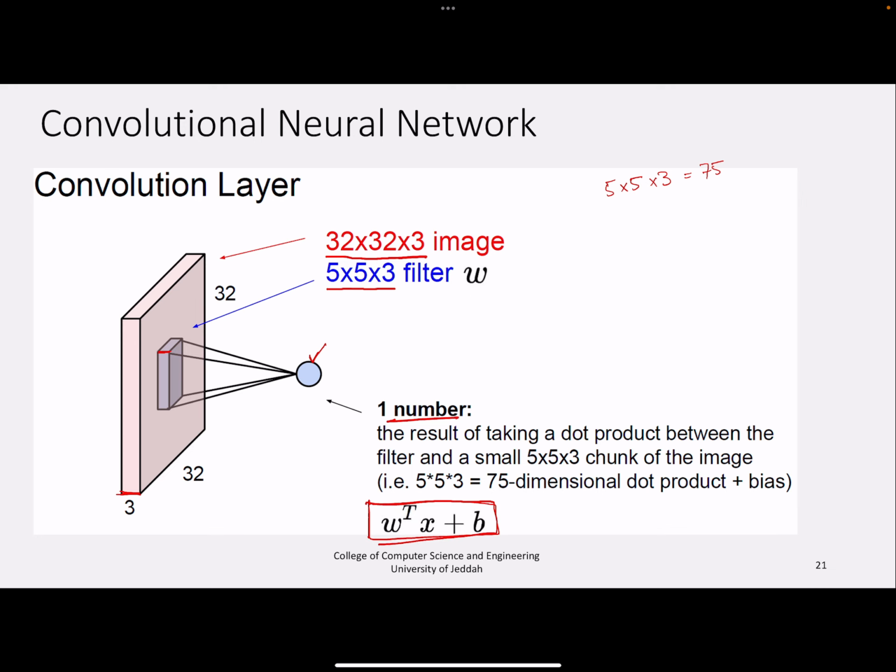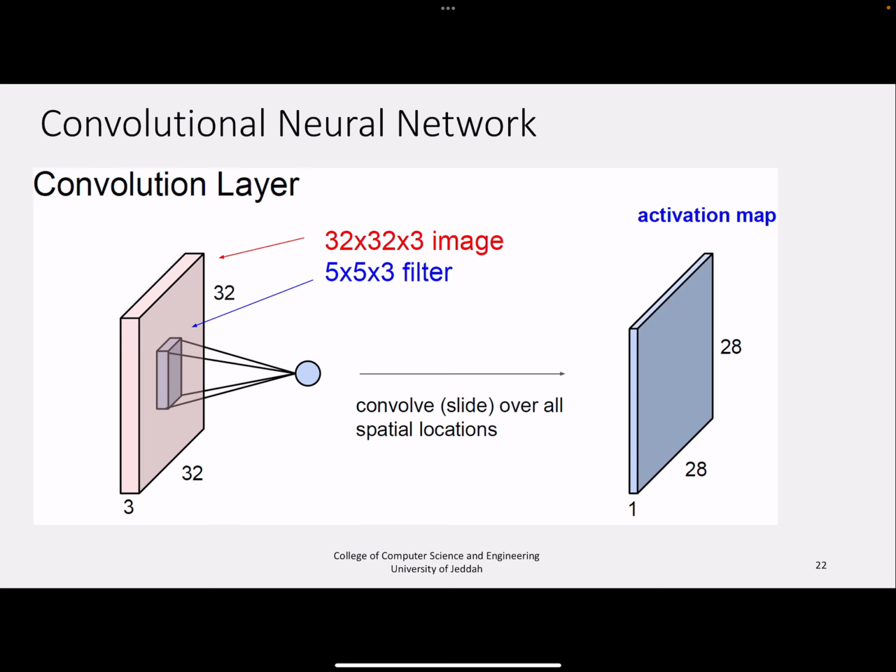Once you've slid the filter over all valid positions of the input image, you will get an output image of these dimensions. It'll be 28 by 28 in height and width, but will have a depth of only 1. Why 28 by 28?